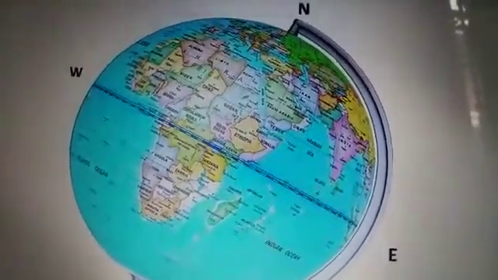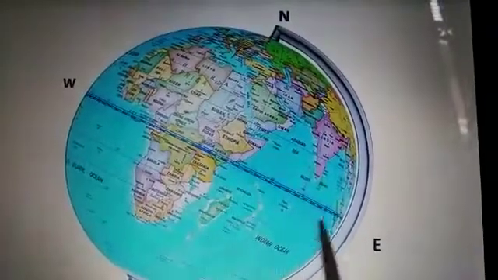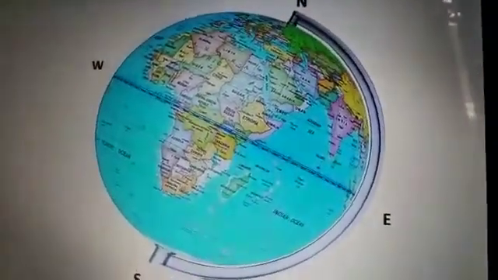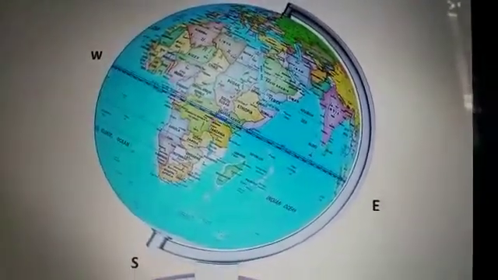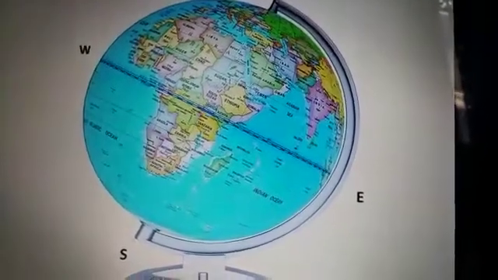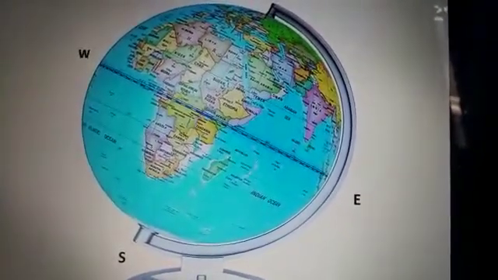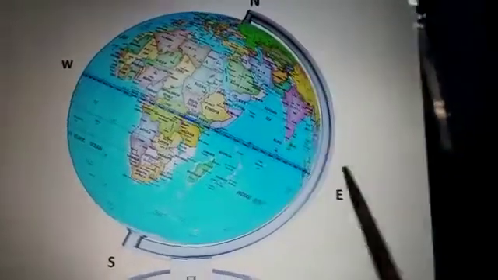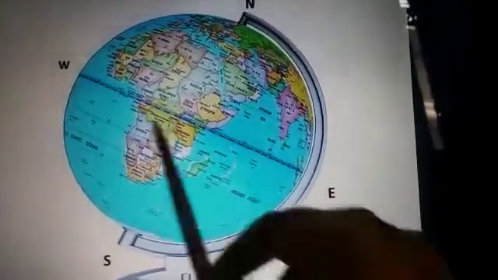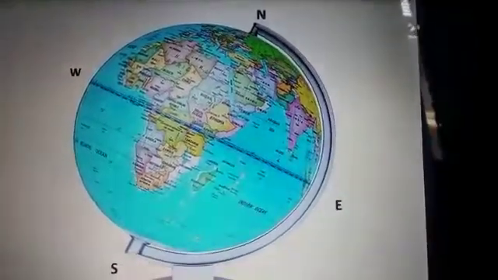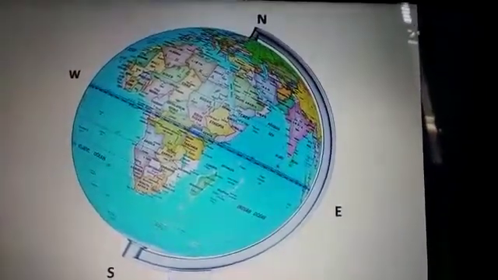These lines run from east to west and north to south, and they are known as latitudes and longitudes. The lines going from east to west are known as latitudes, and those going north to south are known as longitudes.